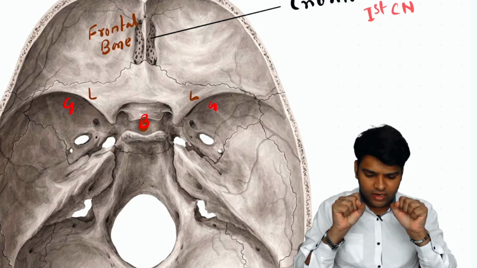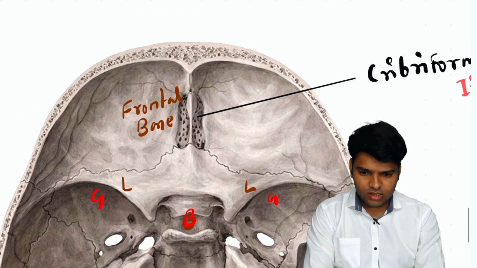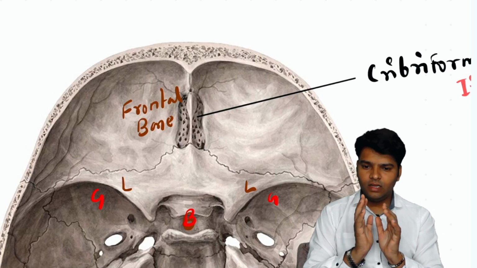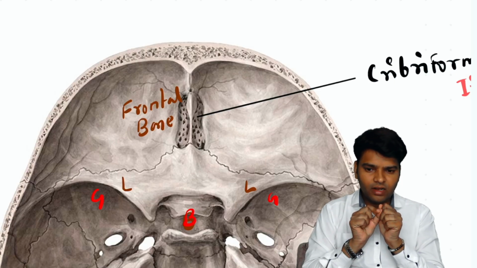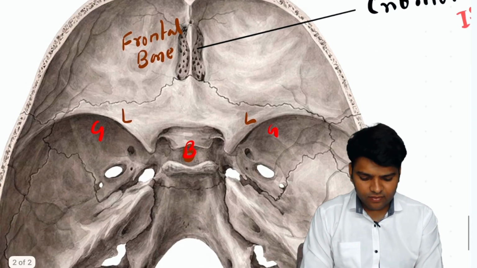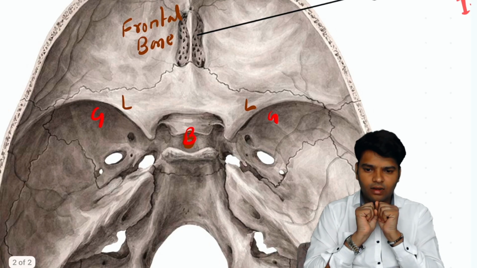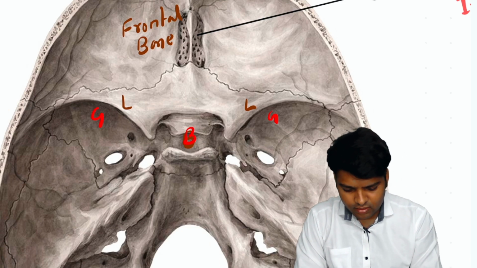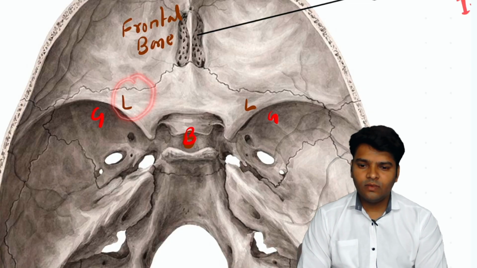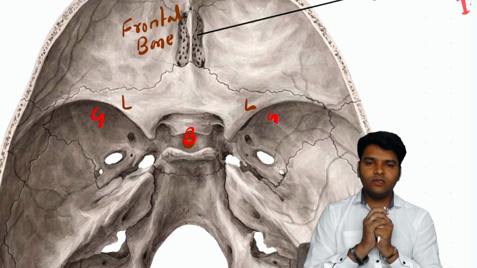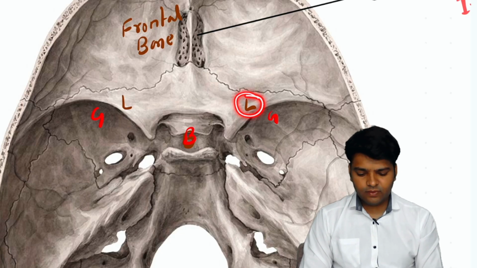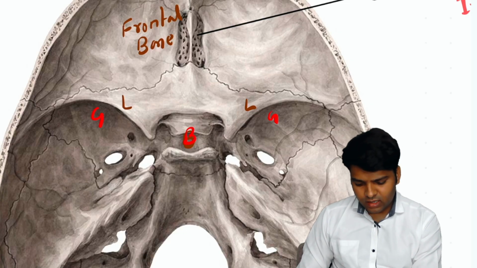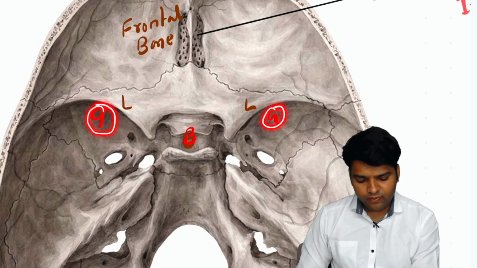So first of all, in front, this is the frontal bone, the anterior cranial fossa. After the frontal bone I have written L, and this L means the lesser wing of sphenoid, and this is B, which means the body of the sphenoid, and this is G, which means the greater wing of sphenoid.